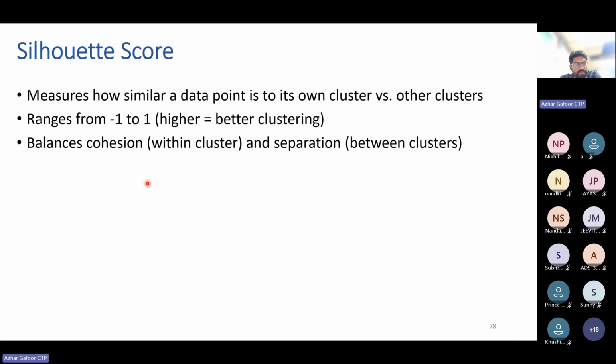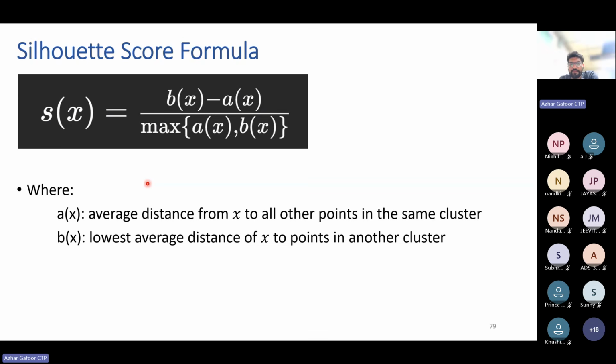So what Silhouette score balances is the cohesion, that is within the cluster, and the separation. So both will be taken care of. The formula for Silhouette score is S(x) denotes the Silhouette score. Then it is (B(x) minus A(x)) divided by the maximum of A(x) or B(x). So let's see what is A(x) and B(x).